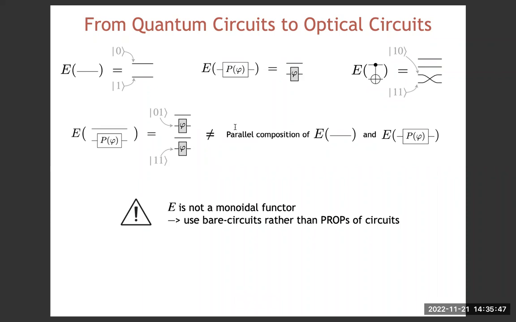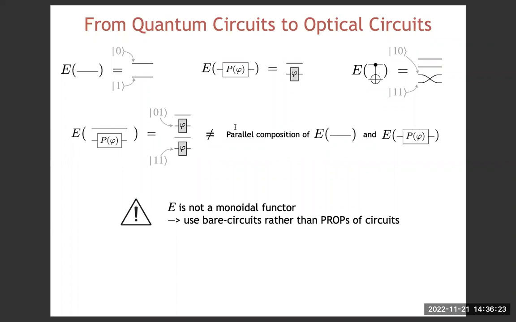And this is a problem because it does not preserve the structure of prop. So it's a technical problem. I will not go into too much detail about this, but actually we cannot use props for this. We have to go to a formalism with less structure, less equations, and actually we use bare circuits, that is really circuits that you can define using generators, and then you freely compose them with a parallel composition and sequential composition.